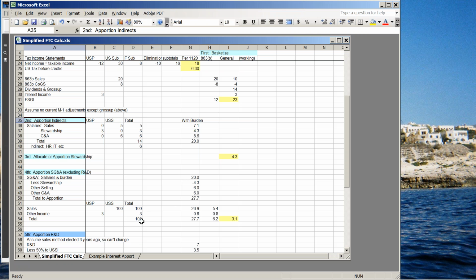And once I apportion everything on sales, you can see the formula up here. The result is we've got 6.2, and this shouldn't be here. Bear with me a second.